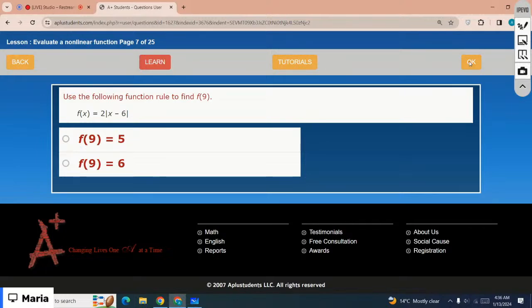Use the following function rule to find f of 9. So which is the correct option? The correct option is 6. Yes, the correct option is 6.